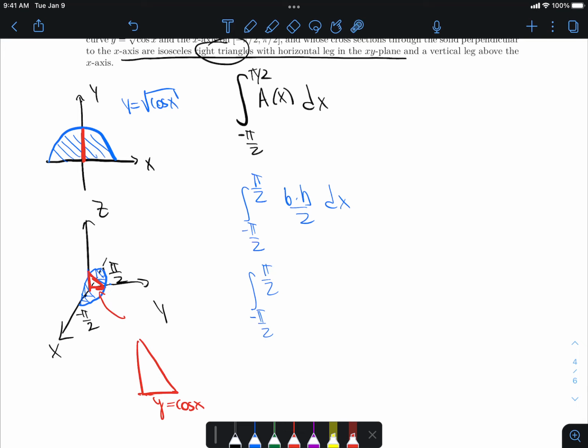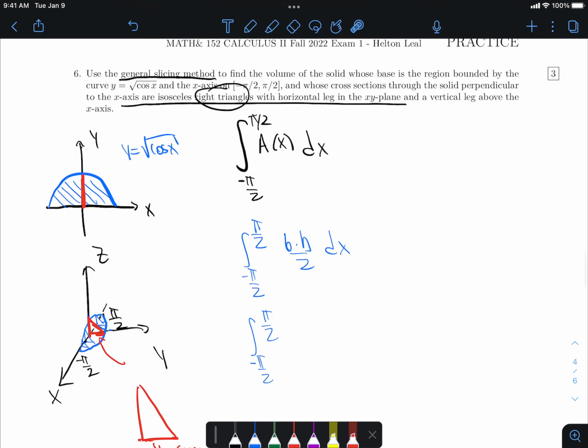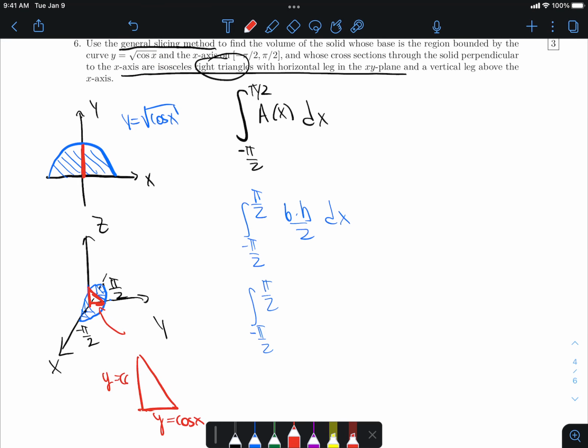And if I were to draw in this plane right here, it says my triangle is standing upright on top of the paper, and this red line that I see here is the only thing I can see of it. The height that you'll have will be the same because I'm told that it's isosceles, right? So the height is also cosine x.